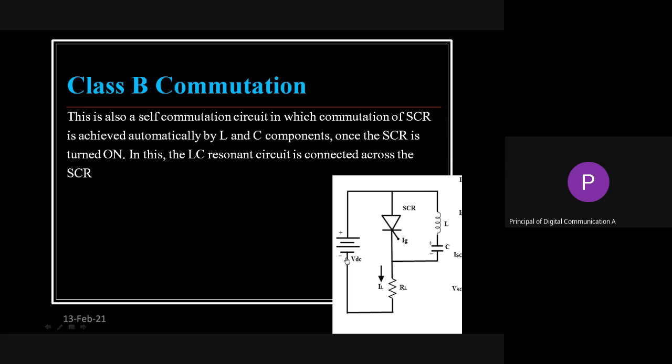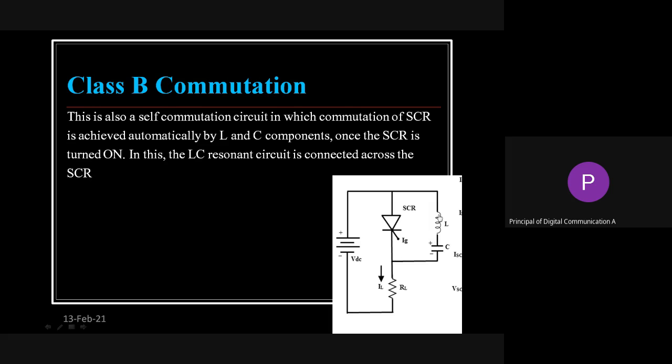So up to the maximum VDC, the capacitor charges. But afterwards, as the SCR goes on, it gets the path for discharging. And through this L and SCR, it starts discharging. Okay, so the capacitor discharges up to 0.